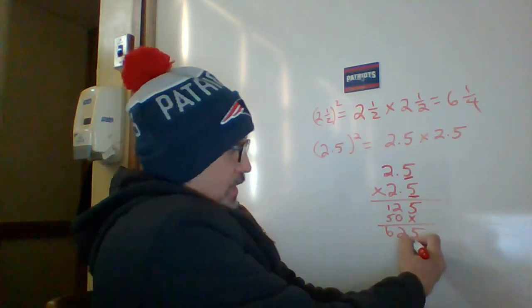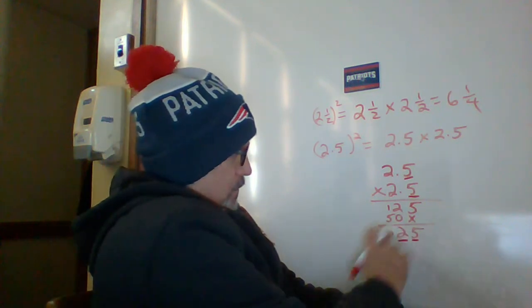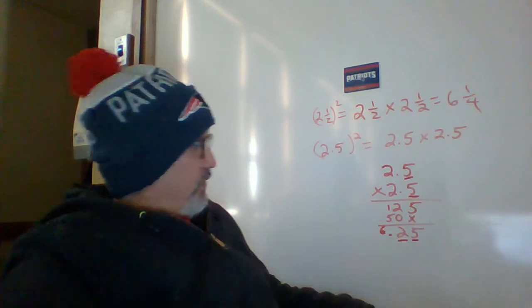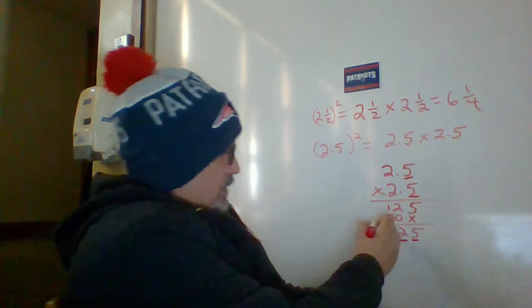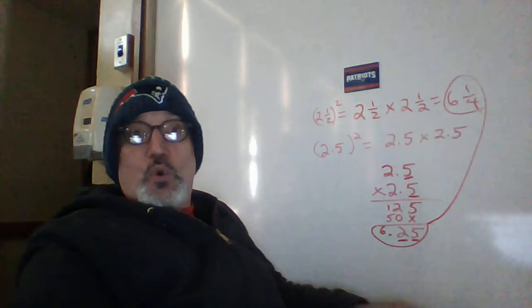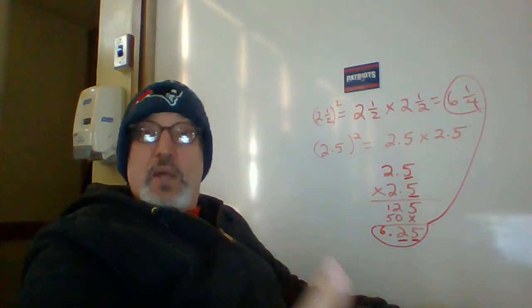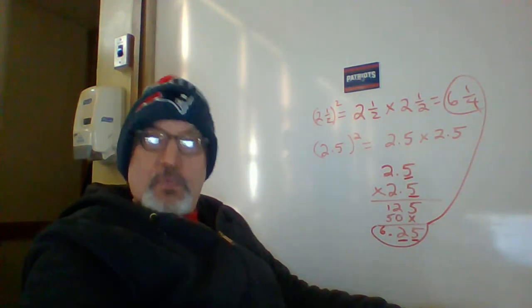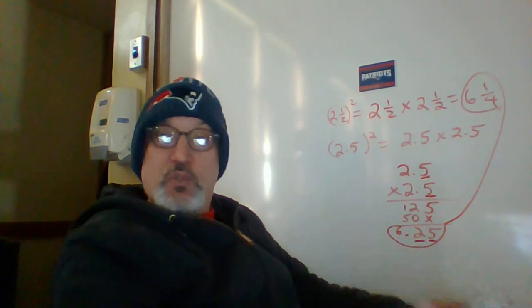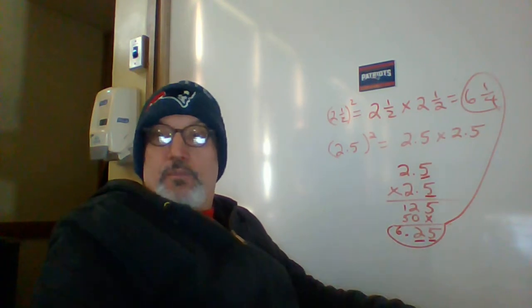We insert it like that. And we get an answer of 6.25. 6.25, of course, is the same as the 6.25 that we got by multiplying with improper fractions, and the same answer that we got geometrically by looking at the big square.